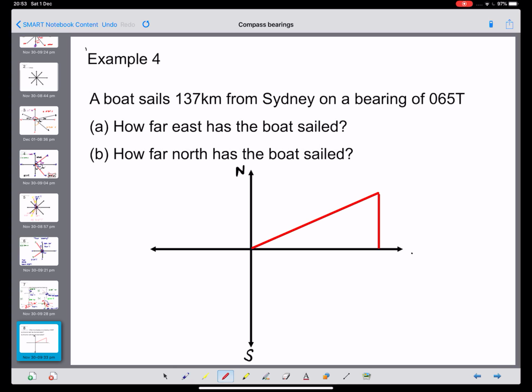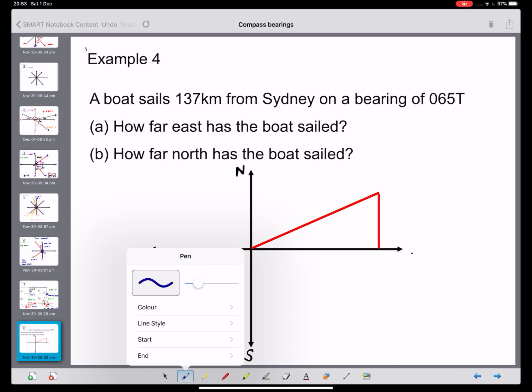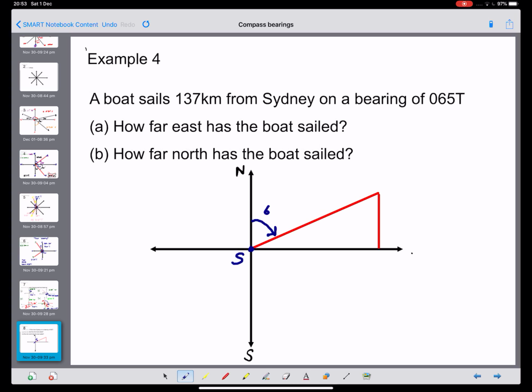Okay, so I'm going to do all these calculations in blue. A boat sails 137 kilometres. So let's say this is Sydney. It sails on a bearing of 65 degrees.